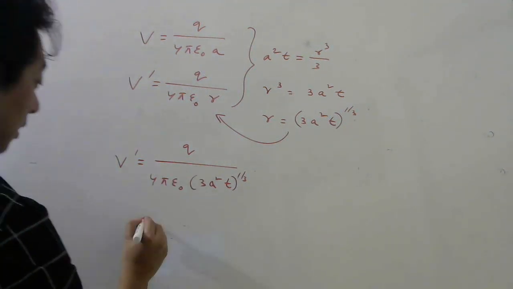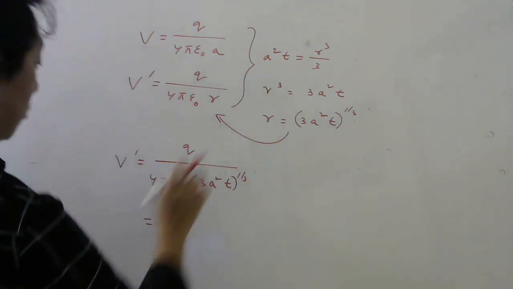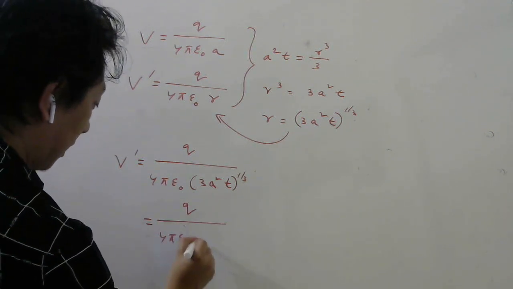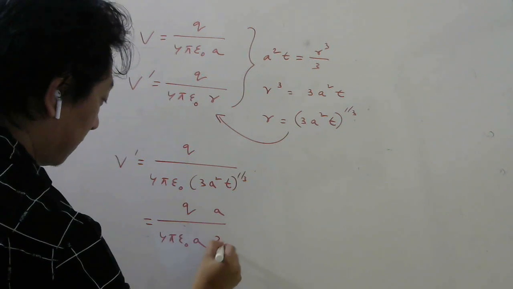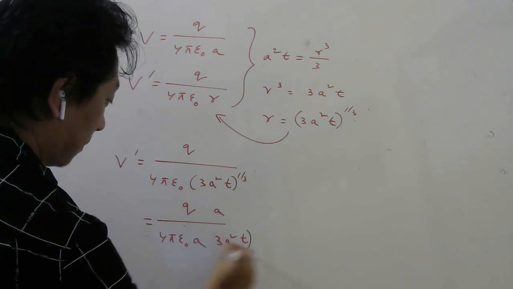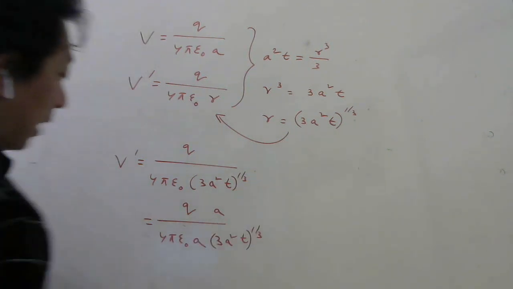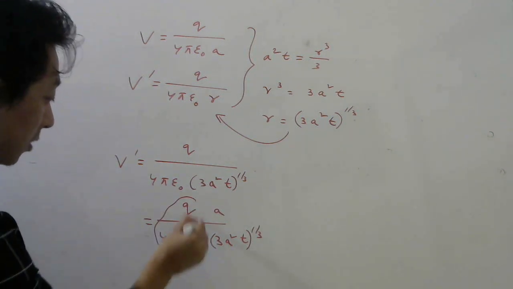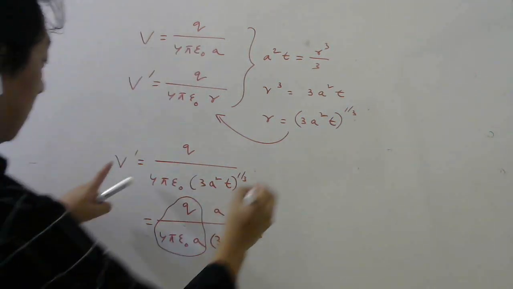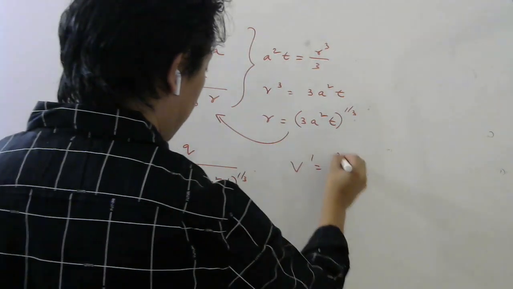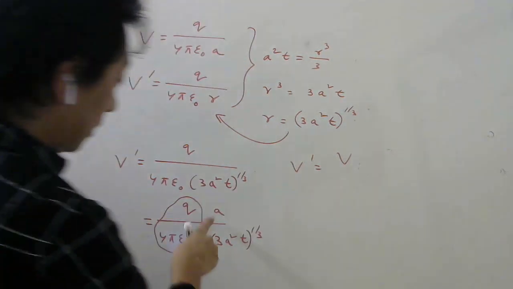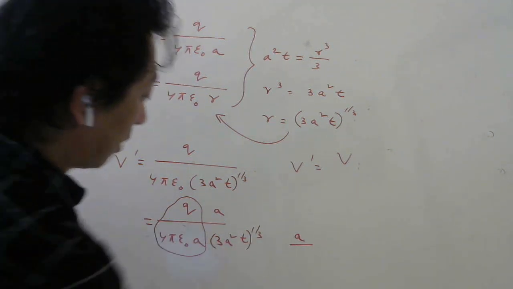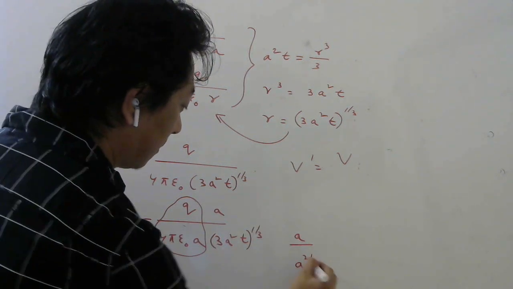So now let us bring V here. To bring V here, see what I will do. Q by 4 pi epsilon naught A, let me write, and then A here also. So I divided by A and multiplied by A. Then this part is the potential of the bubble which they told. So V dash will be V into, now see here, A is in the numerator, and A square power 1 by 3 is A power 2 by 3.